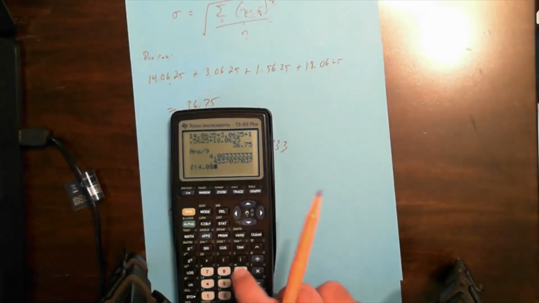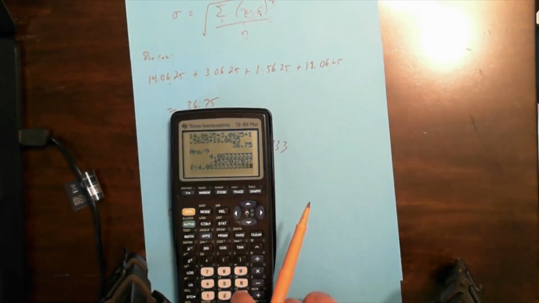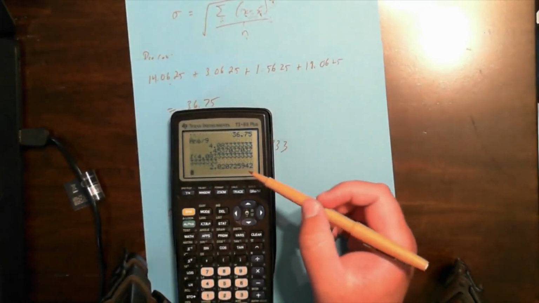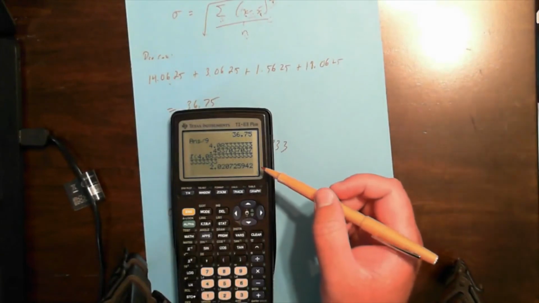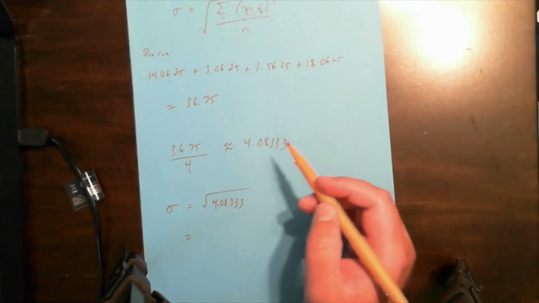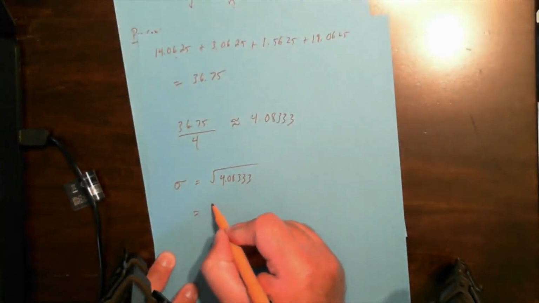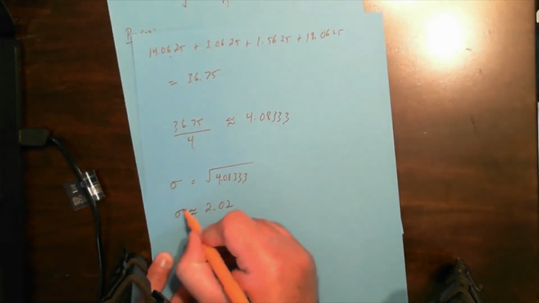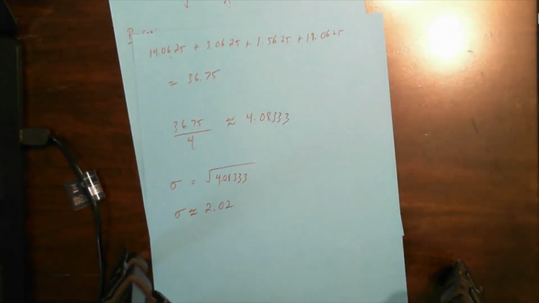So 4.0833333, whole bunch of threes. Okay? And then it comes out to be approximately 2.02. So that means my standard deviation is approximately 2.02. Okay? So that's how you calculate standard deviation.